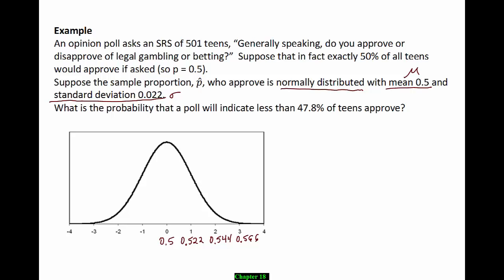What does it mean to be one standard deviation below the mean? That would be 0.5 minus 0.022, which gives us 0.478. Another 0.022 less than that for our second standard deviation below average is 0.456. And another 0.022 below that is 0.434.